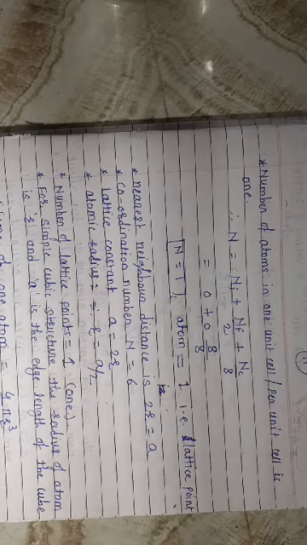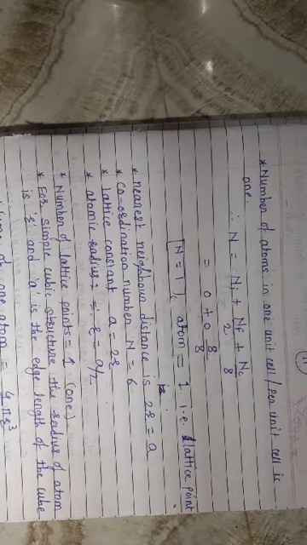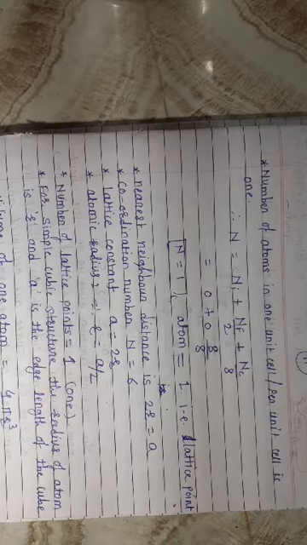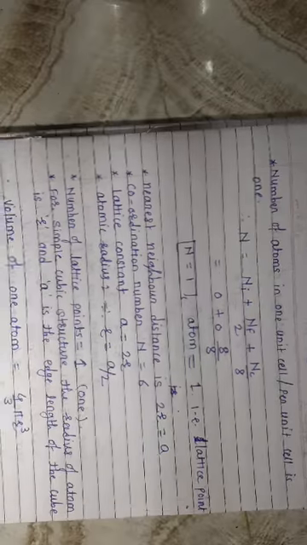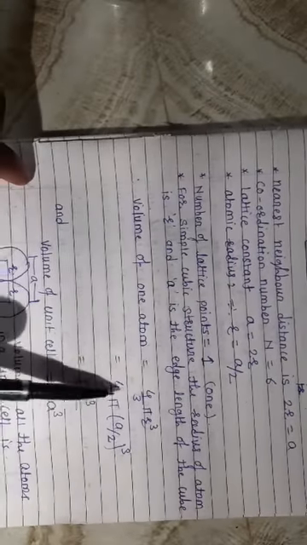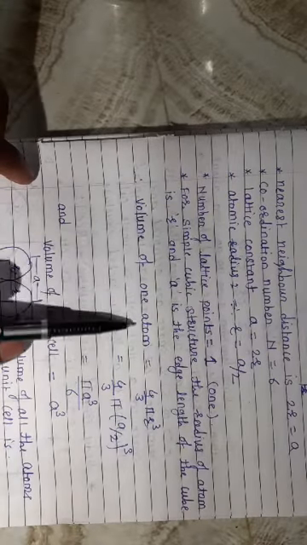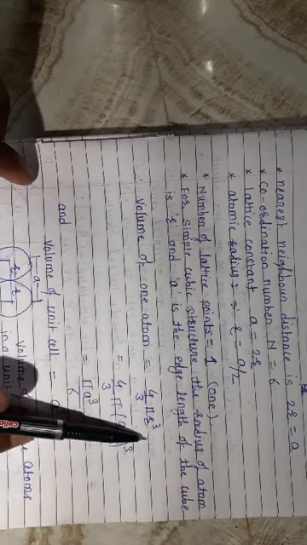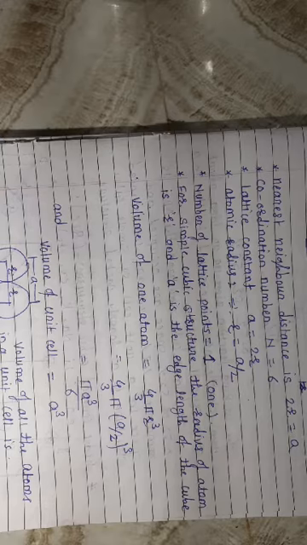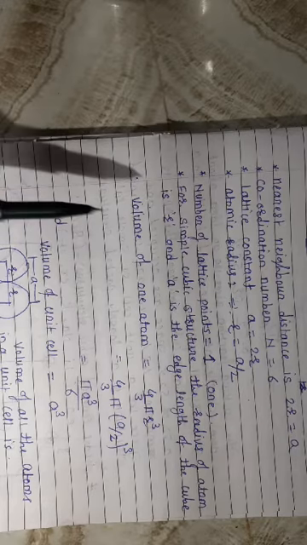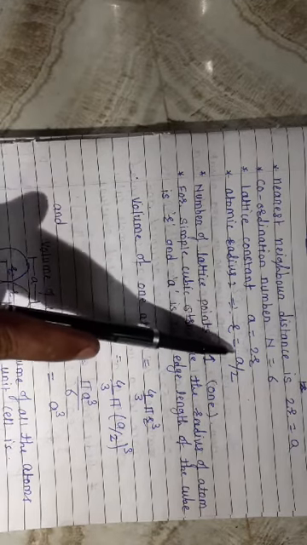Next, to find the atomic radius of simple cubic structures, the volume of one atom is given by the formula 4 by 3 pi r cube, where r is the radius of the atom. The radius of the atom is already r equal to a by 2.